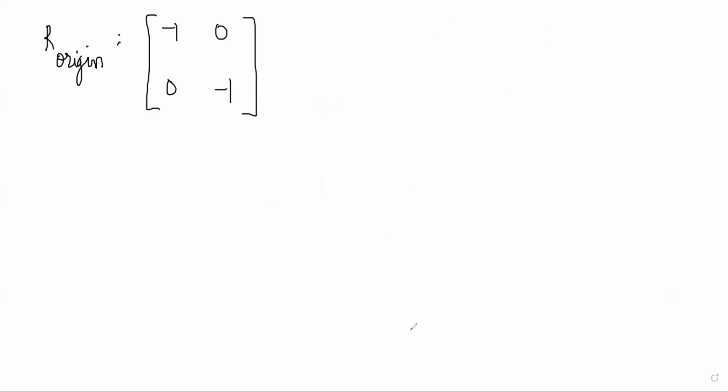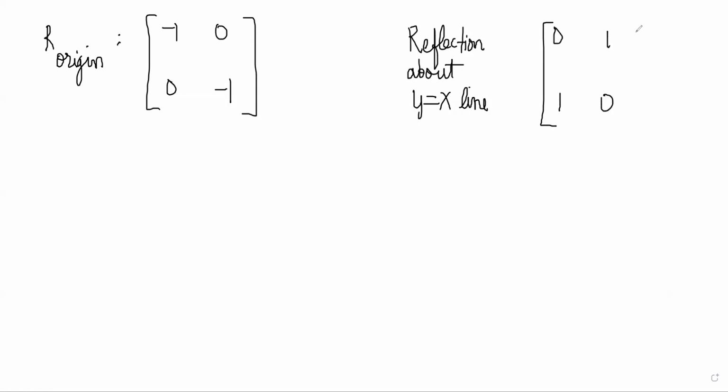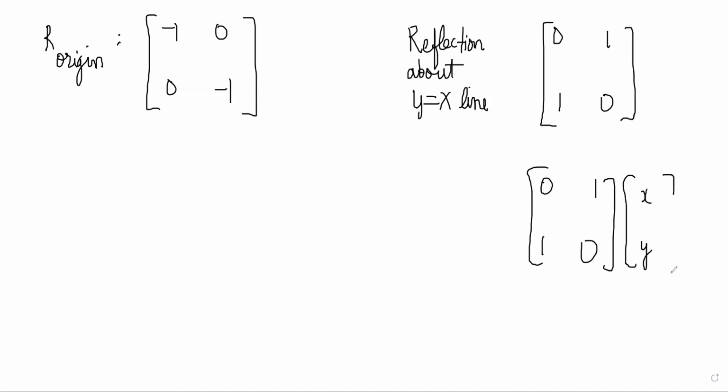Similarly, reflection about the line y is equal to x. In that case, the matrix that you need is 0 1 1 0, because if you multiply 0 1 1 0 with any initial coordinates, you will end up with y, x.